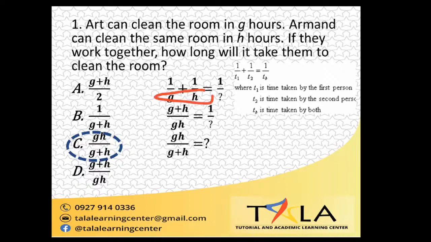G times H, GH, and then multiply mo yung parang pakpak niya. 1 times H is H, and then 1 times G is G. Okay? So, G plus H over GH equal to 1 over question mark. Kaso, ang hinahanap mo, itong question mark. So, anong gagawin mo? Dahil 1 lang naman yun, pwedeng baliktarin mo na lang. Thus, our answer is GH over G plus H.